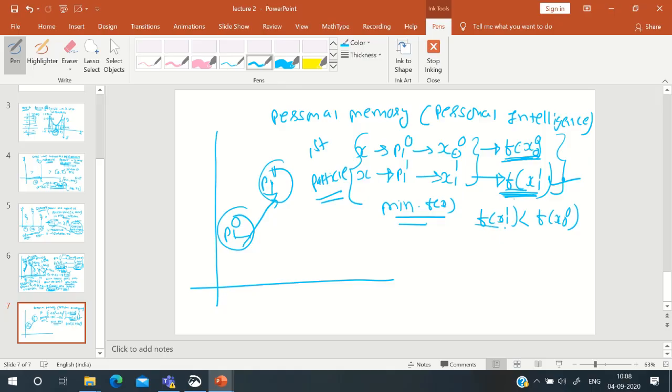So this function value is better than this value, because this is lower than this, and we want to minimize the objective function. In every iteration, the function value should decrease, it should not increase, or at least it should stay constant, or rather more specifically it should decrease.